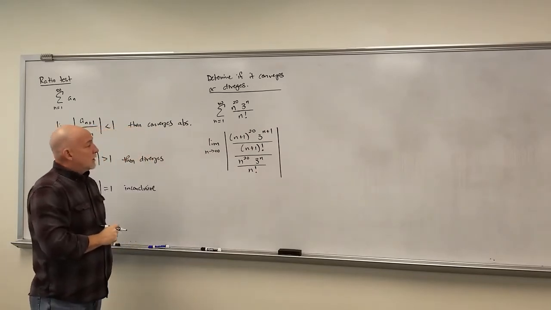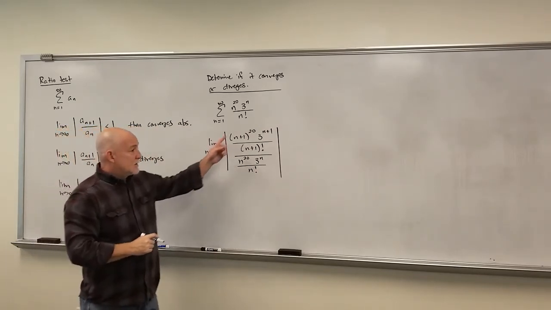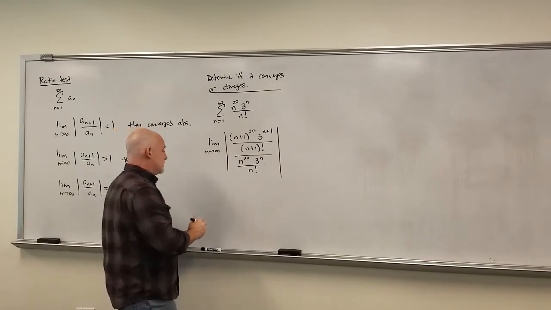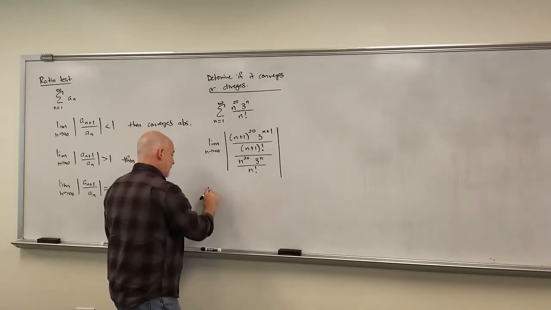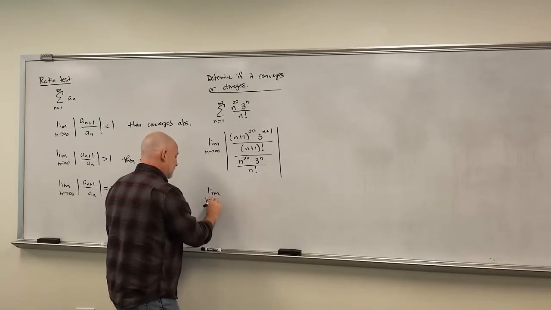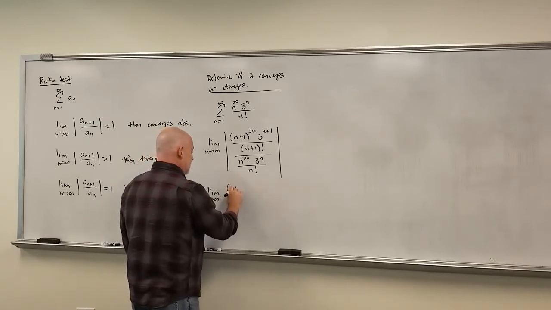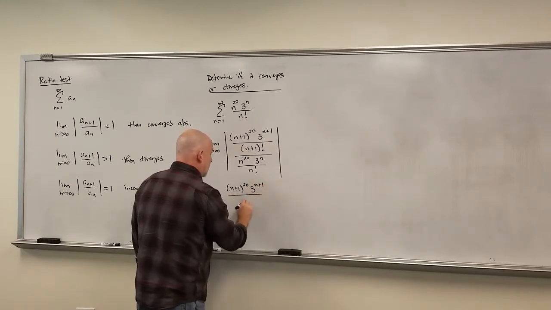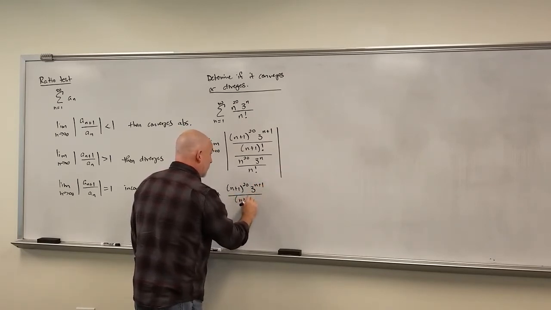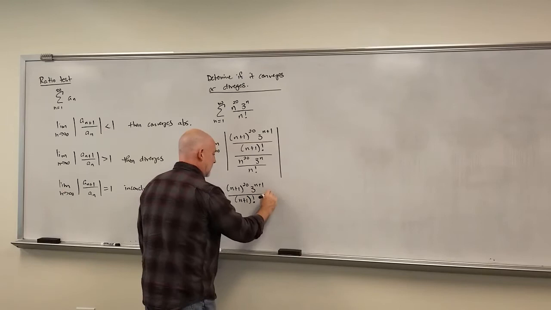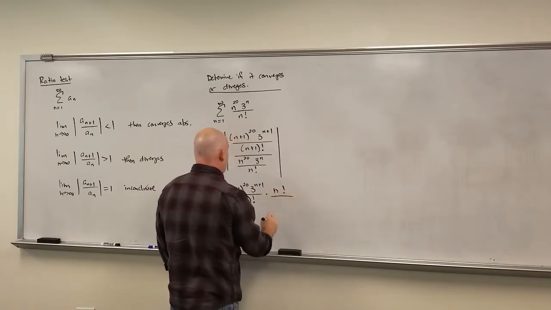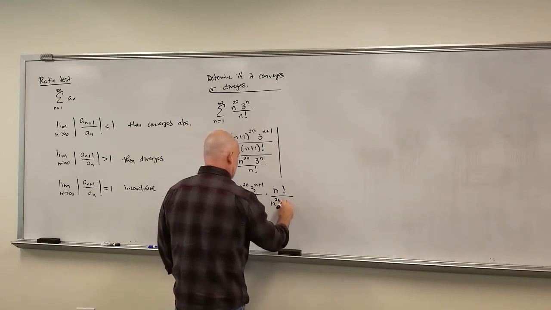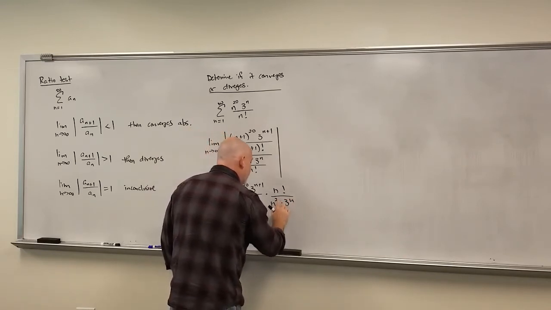All right, taking a look at our absolute values, everything inside here is positive, so the absolute values can just go away. And I'm just going to flip and multiply, so I get the limit as n goes to infinity of (n plus 1)^20 times 3^(n+1) over (n plus 1) factorial, times n factorial over n^20 times 3^n.